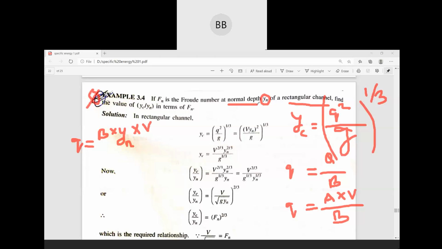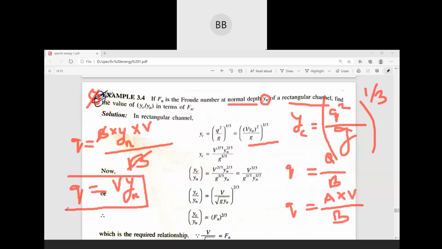So width into Yn multiplied by velocity divided by width. The width of the channel will cancel out, and for small q we can write V into Yn.